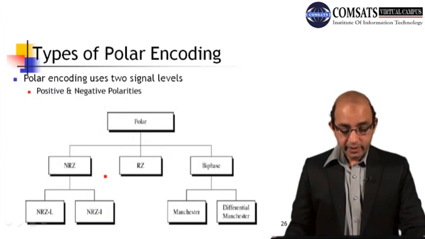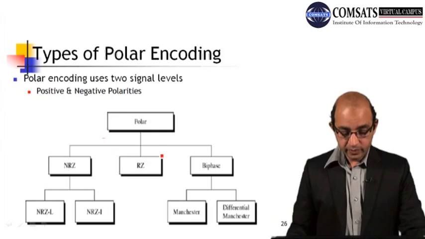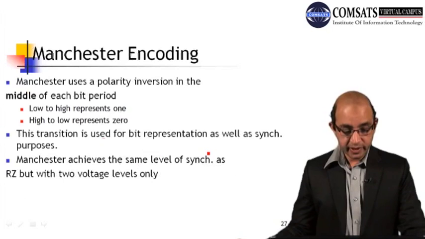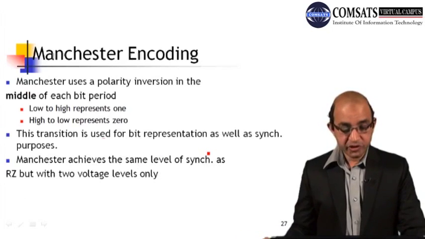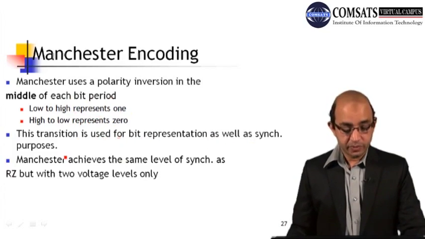So here are again different types, because we have only return to 0, and now we'll be talking about the biphase, right? Manchester encoding, polarity inversion in the middle of each bit period, right? Low to high represents 1, high to low represents 0, for bit representation as well as synchronization purposes, right?